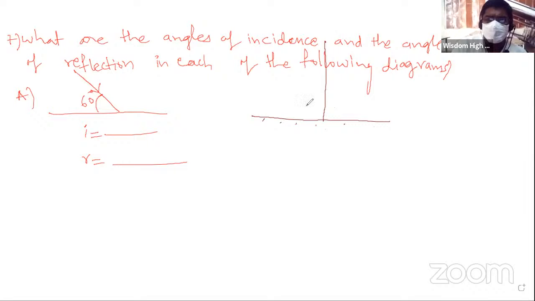Perpendicular means 90 degrees, a right angle to the plane surface. Here 60 degrees is given, so subtract: 90 minus 60 gives us 30 degrees.